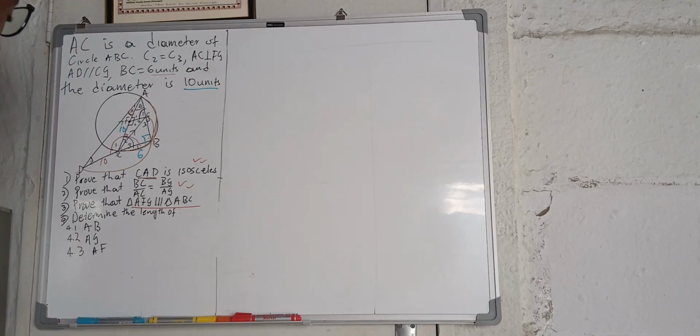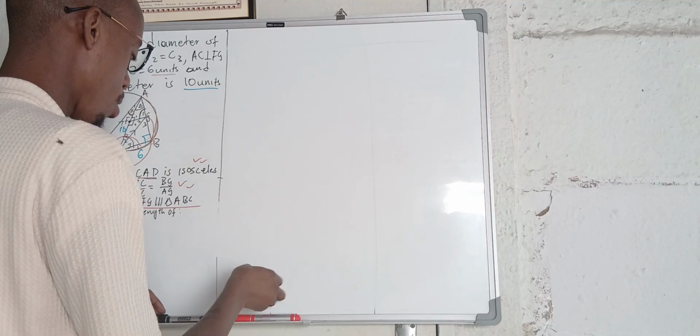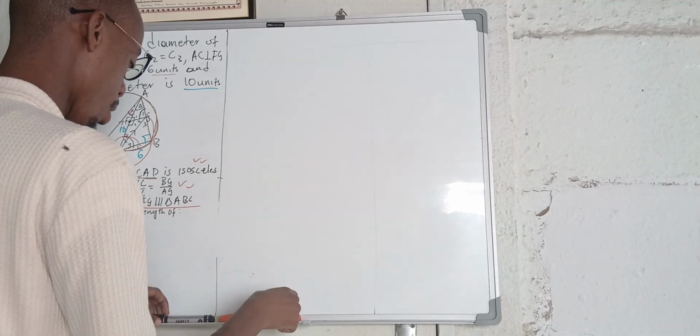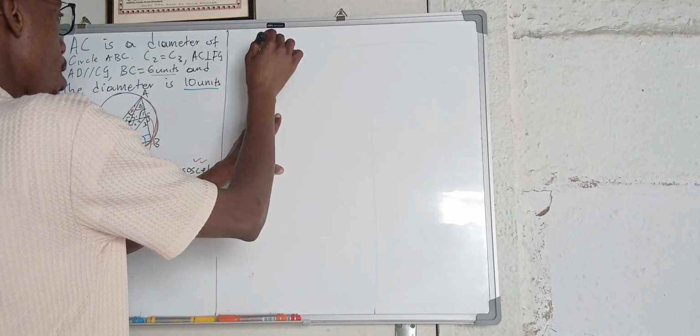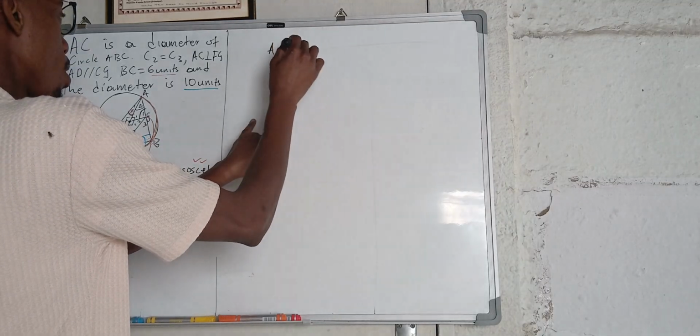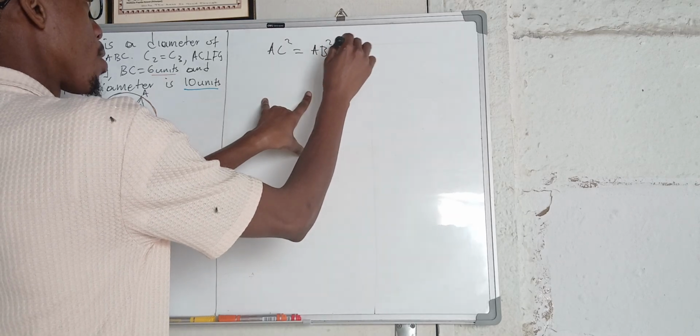Determine. Now we are up to finding values. AB. We've already found AB by the theorem of Pythagoras, but let's find it anyway. AC squared is going to be equal to AB squared plus BC squared.